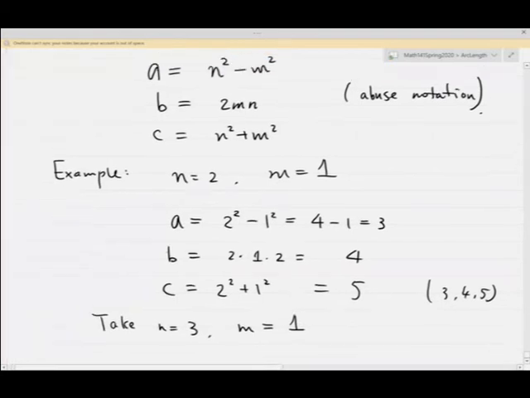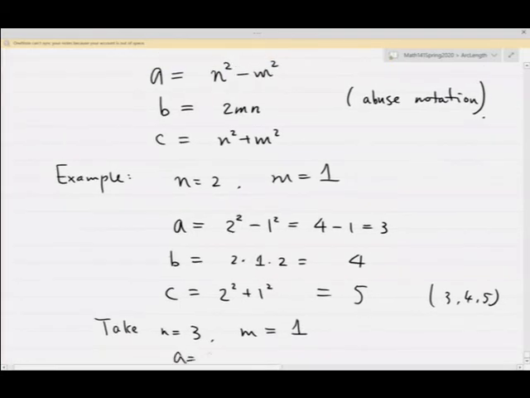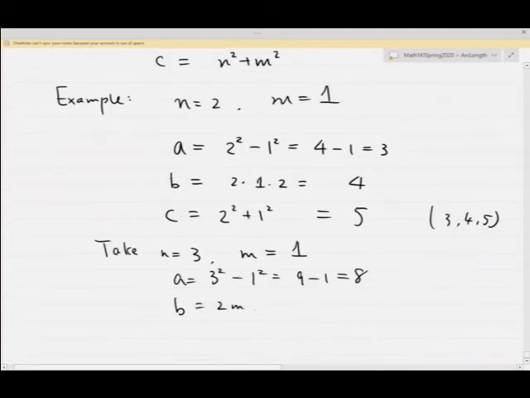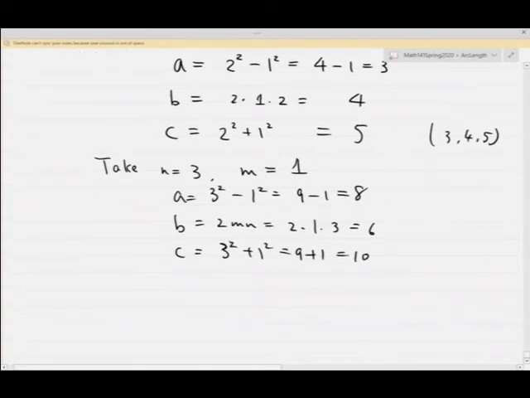A is 3 squared minus 1 squared, which is 9 minus 1, or 8. B is 2 times 1 times 3, so we get 6. C is 3 squared plus 1 squared, which is 10. This is essentially 3, 4, 5. It's just a multiple of it: 8, 6, 10 is a multiple of 4, 3, 5.